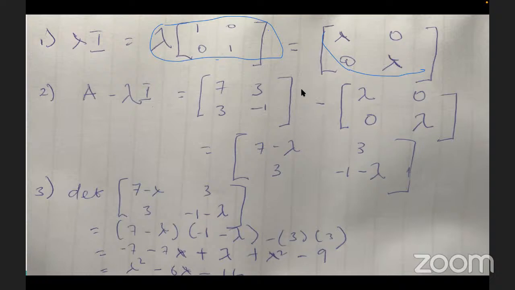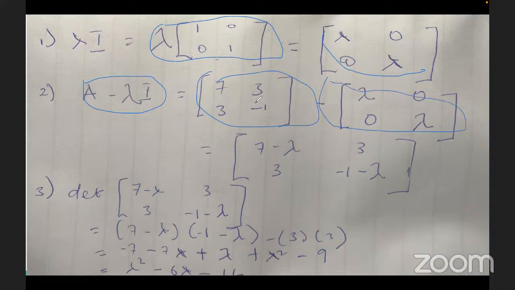Now we want to subtract this from lambda I. We are trying to arrive at the formula, A minus lambda I. We have lambda times an identity matrix, and we want to subtract the matrix A from lambda I. So let's say we have this matrix, we want to subtract it from this one.